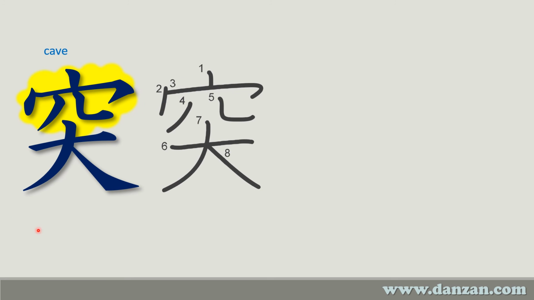The brush strokes for this kanji are as follows. First, we draw the radical. 1, 2, 3, 4, 5. And then we draw the bottom part, 6, 7, 8. You may recognize this bottom part as the character for big that we saw earlier.